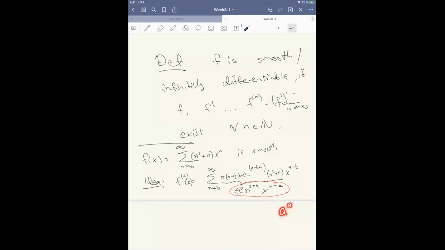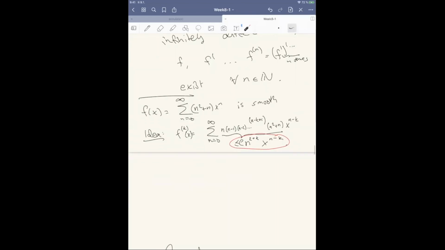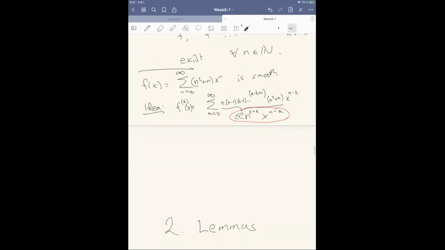Okay, a to the n minus k, but that k doesn't really matter for us. So you can repeat the argument from before to get, again, differentiability of arbitrary order, because you always get the same form, polynomial times something geometric. And you can always apply the M-test to get uniform convergence on subintervals. Any questions at this point?